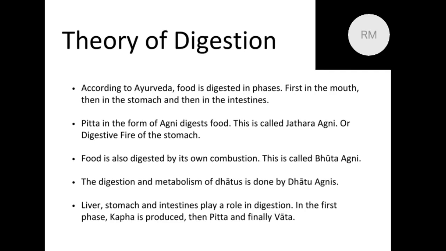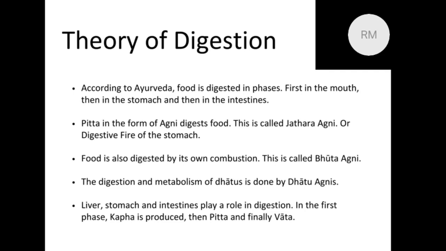Okay. So, since some of you have not heard about it, I think I must give a little bit of explanation. There are three types of Agnis called Jatara Agni, which is the first type, which is this Agni in the stomach. So this is the Agni which activates all digestion. You can consider this as the external fire.